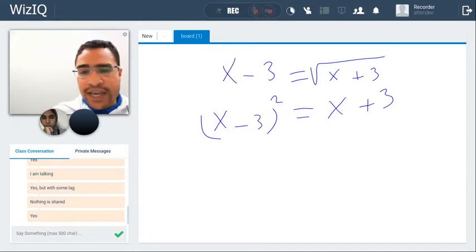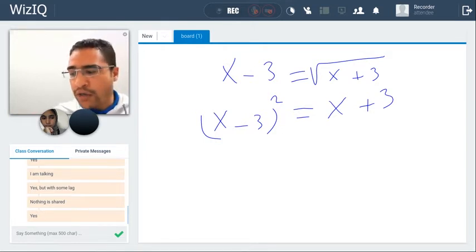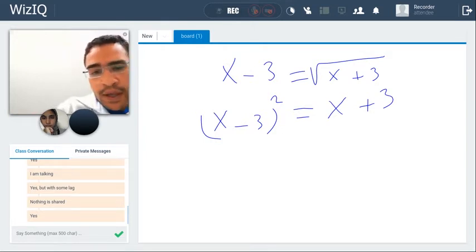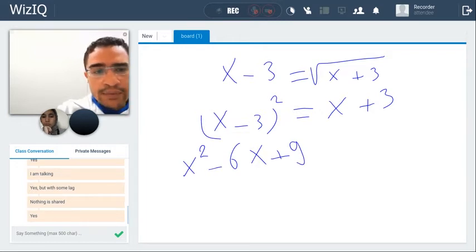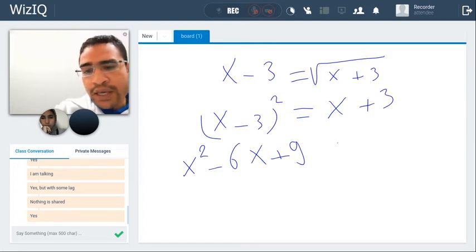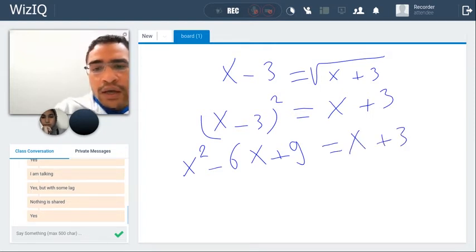And then what happens is you are going to distribute x minus 3 between two brackets squared, and that would be x squared minus 6x plus 9. Are you following? Okay. And that would equal x plus 3.